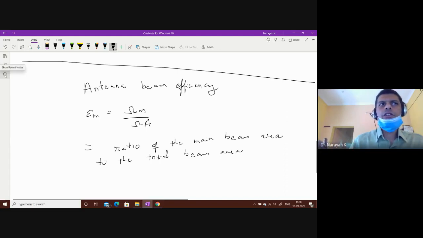So this one is your main beam area divided by this one, your total beam area.